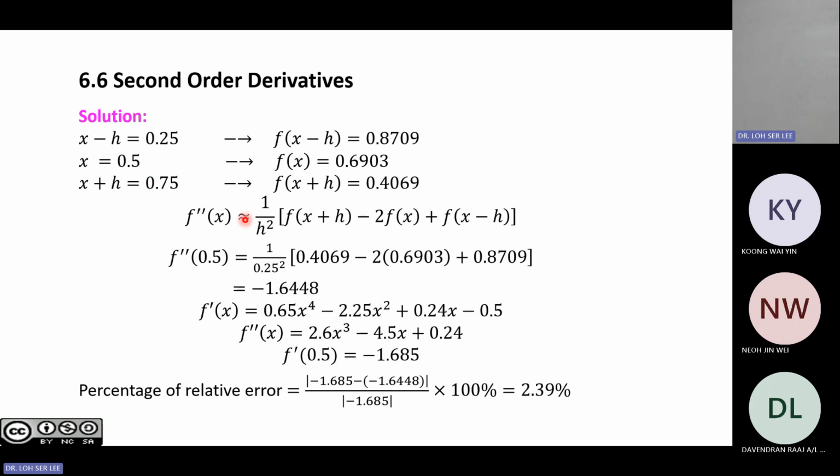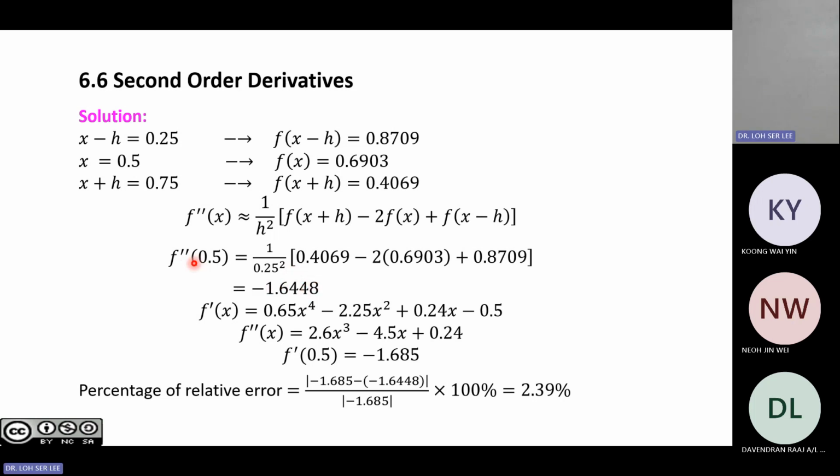You need these 3 points for this formula. After that, you substitute these 3 values into the function to get their corresponding f values. Then you substitute these into the formula and compute to get the approximation.